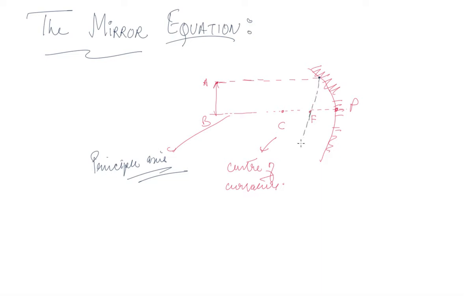So this is what is happening. Another line will pass through the center of curvature. This passes through the center of curvature, and after reflection it moves back.